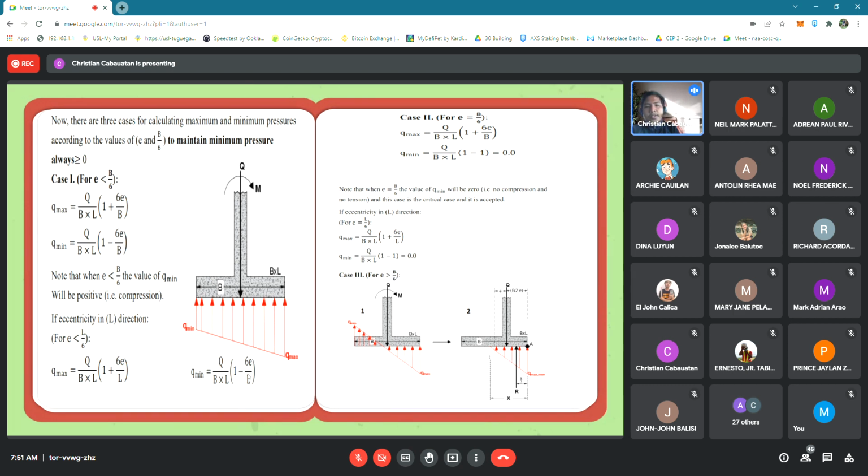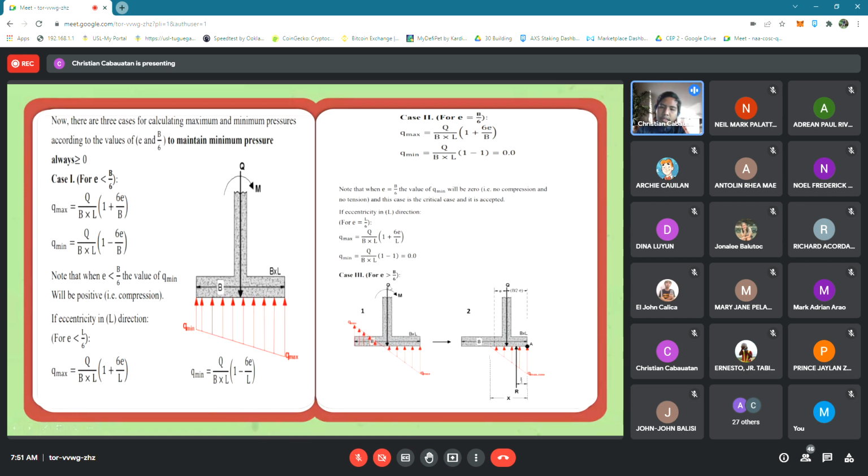Okay? So, for case 3, no? If the eccentricity is greater than the width over 6, or 1/6 of its width, okay? So, we can see in the distribution, no? In the figure 1, okay? The distribution is like this. Okay? If the applied load is at the center of our foundation, okay?